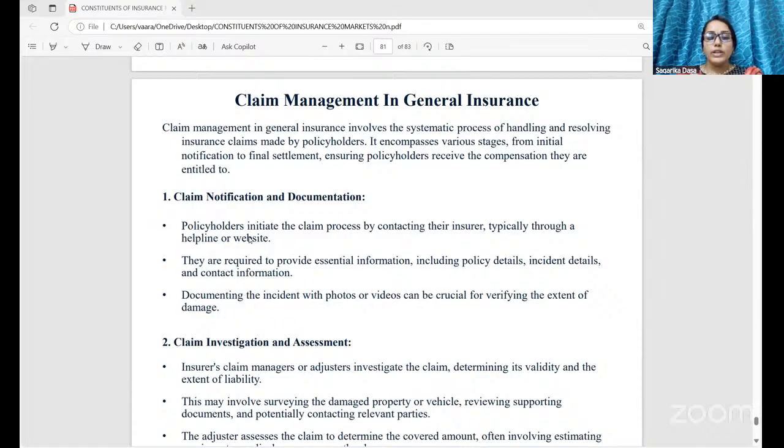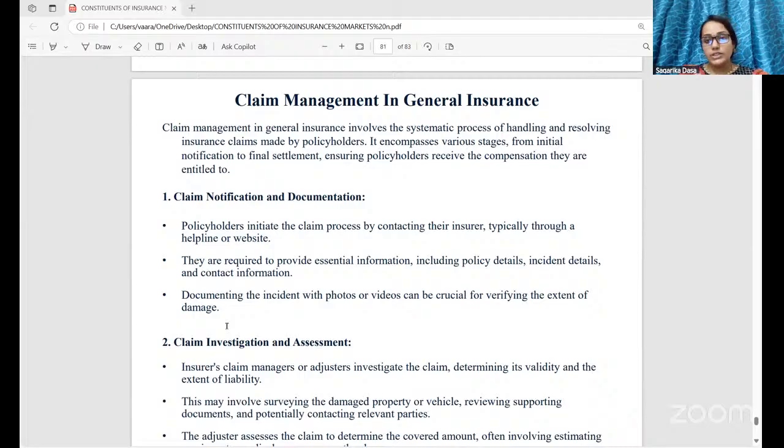The policyholder initiates the claim process by contacting the insurer, typically through a helpline or website. First he has to inform the insurance company. Then required documents must be attached and submitted to the insurance company regarding the incident, with photos and videos, which can be crucial for verifying the extent of damage.